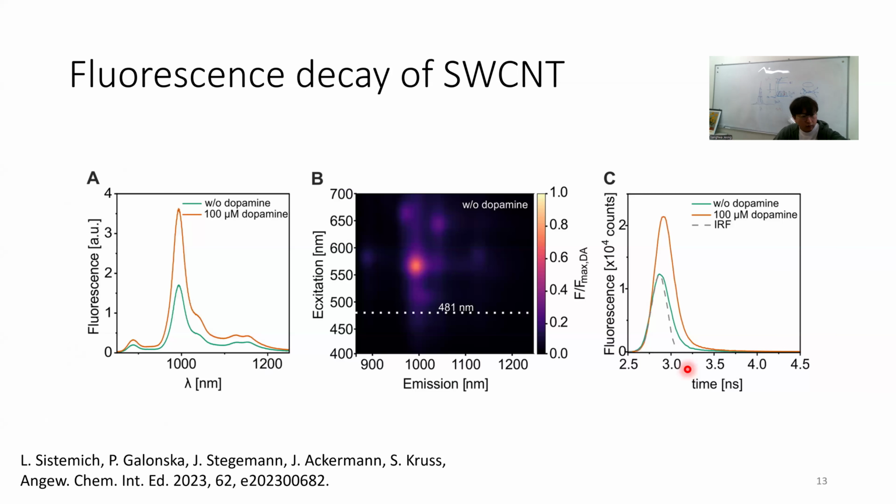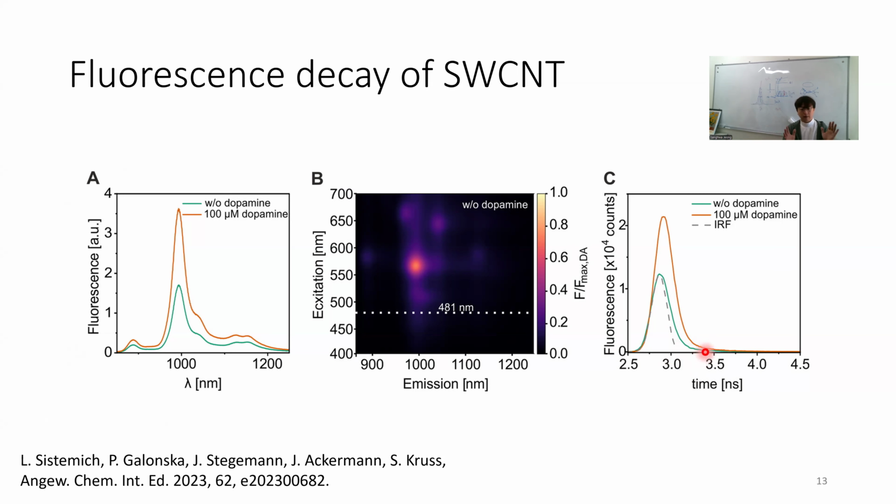After the carbon nanotubes were excited, at the dotted gray line, the fluorescence started to be monitored. It is not very abrupt. It decays over time within some nanoseconds or sub-nanosecond scales.